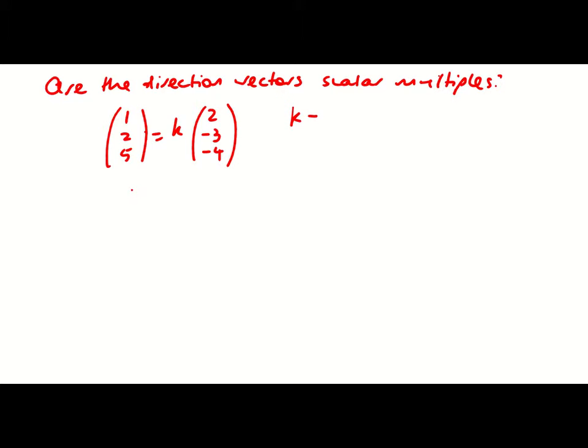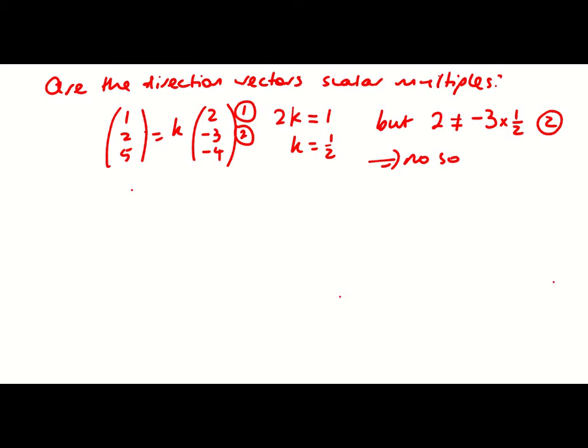Working with the first equation, we get 2k equals 1, k is equal to 1/2, but 2 is not equal to negative 3 times a half. So that's from equation 2. So let's do some nice labelling. So we've got no solution. So we can say the lines are not parallel. So that's the first bit.